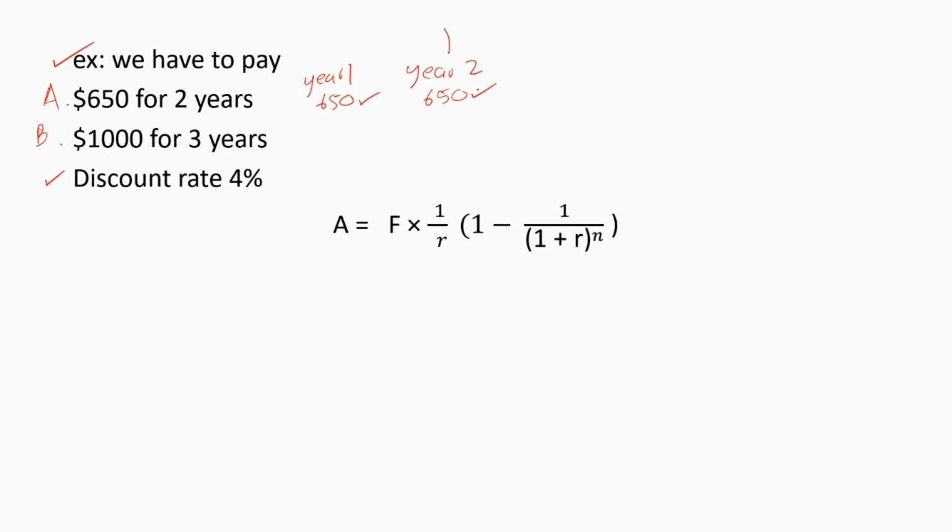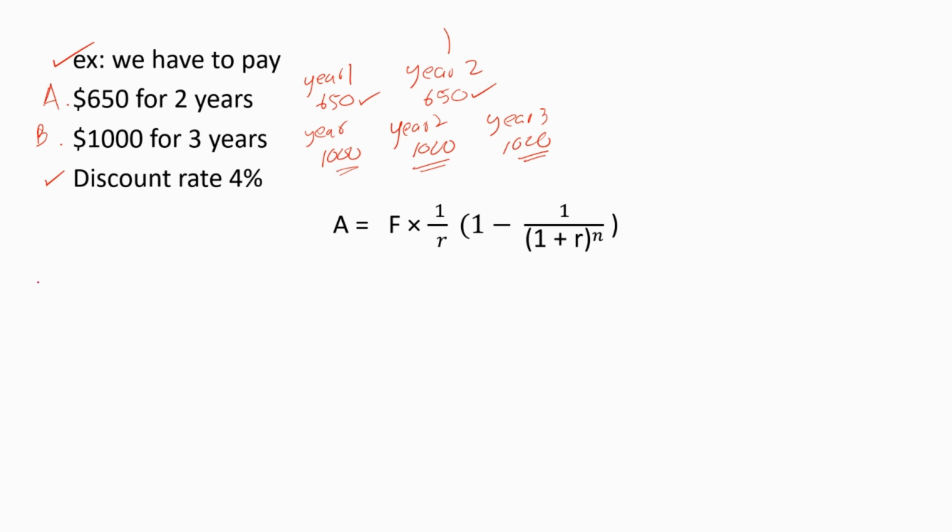So these are the characteristics of annuity. For option B, year 1 we have to pay $1,000. In year 2 we have to pay another $1,000, and year 3 we have to pay $1,000. So this also has a specific time period, which is 3 years, and the amounts are the same, $1,000.